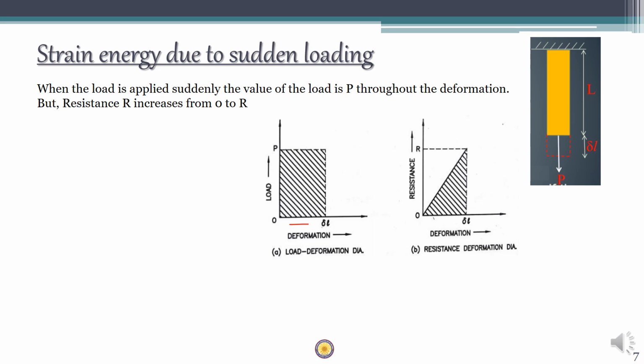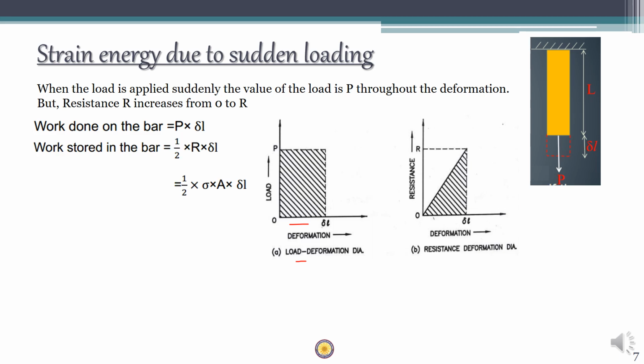So the work done on the bar is equal to area under the load deformation curve, which is the area of a rectangle, which is P into delta L, and work stored in the bar is nothing but area under the resistance deformation curve, which is half into R into delta L.